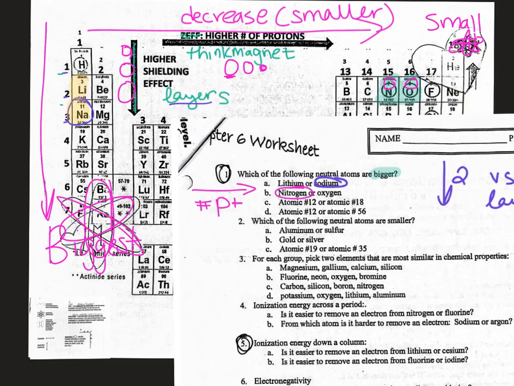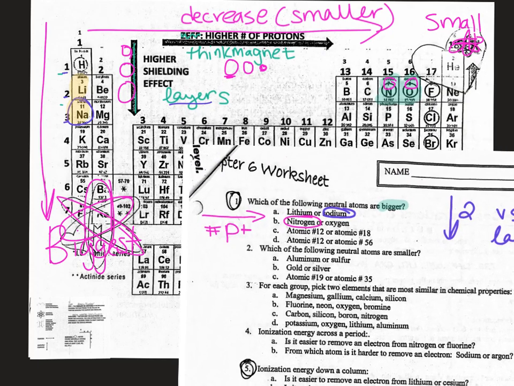Atomic number 12 or atomic number 18. So 12 is right here, 18 is over here. If we notice, both of these are in row 3. So we know that we're talking about the across one again. As we move across, we get smaller.